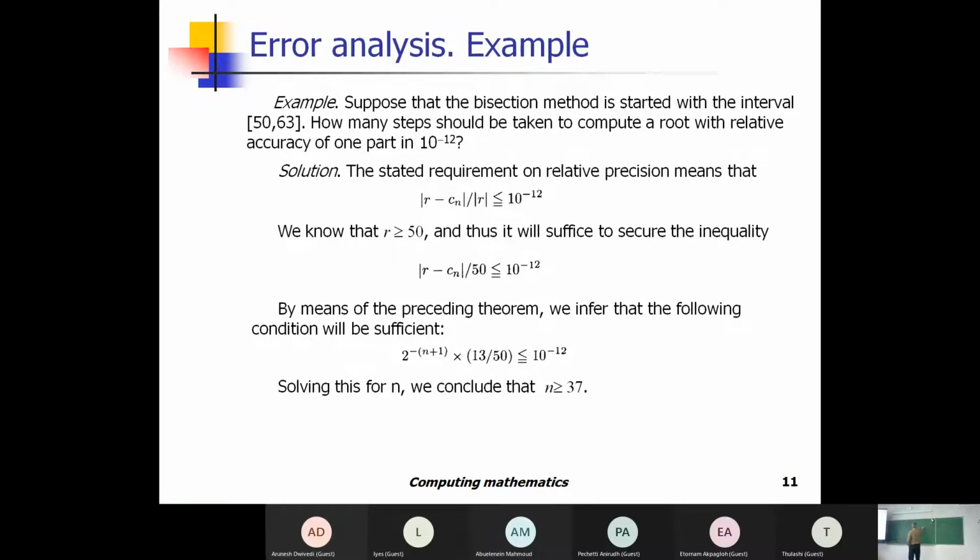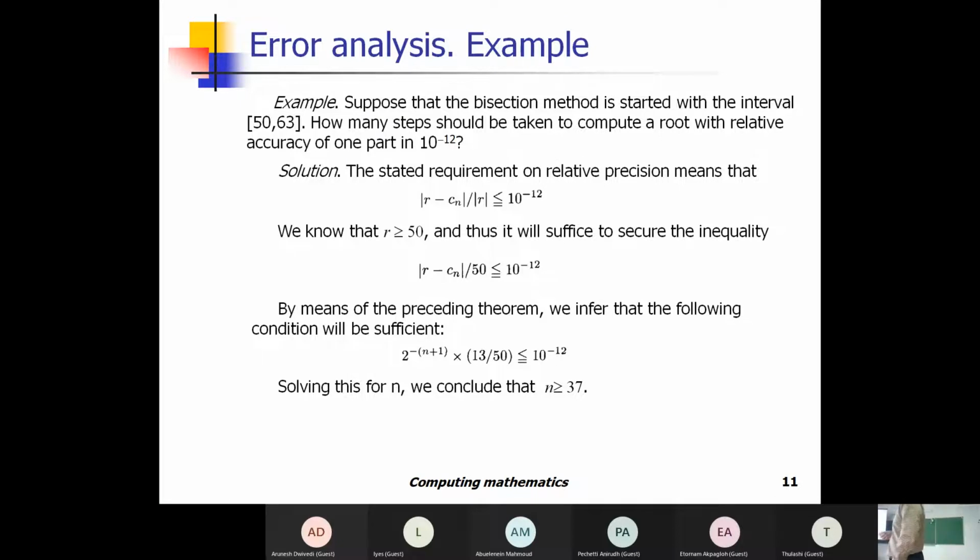First, we should move 13 over 50 to the right. 2 power minus n plus 1 is smaller than 50 over 13 times 10 power minus 12. And after that, the main point, how to solve such inequalities.